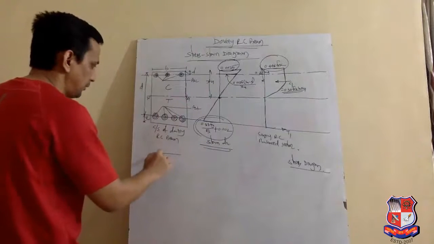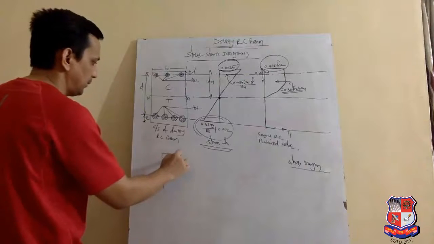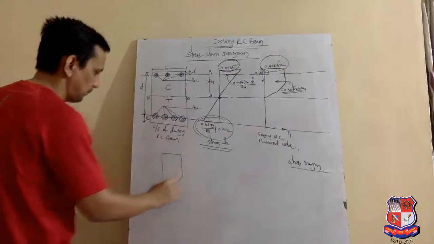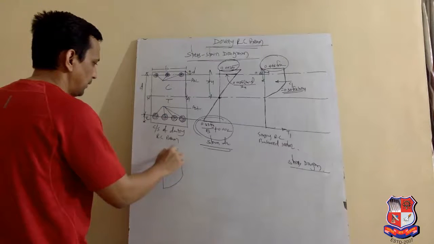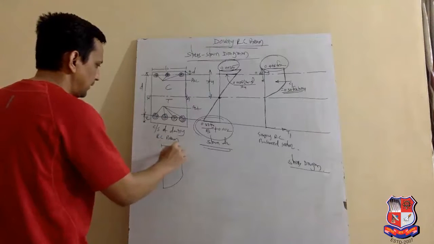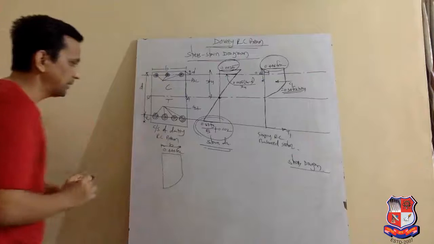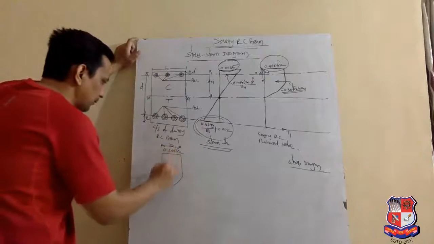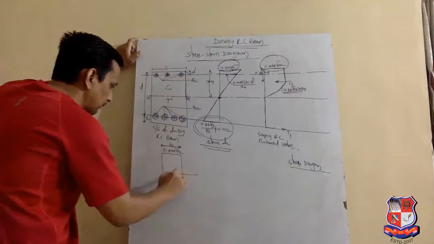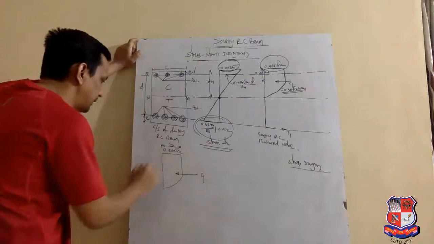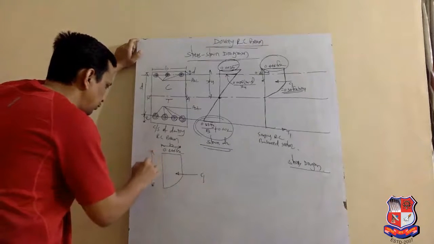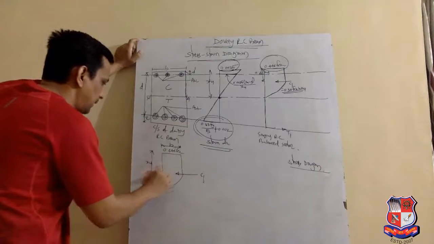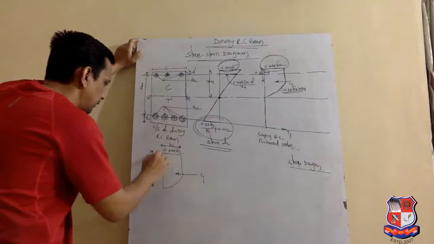Let me draw the stress block here. This is 0.446 fck. Say this is the width of the beam. This is C1. This height is xu, and this height is 0.42 xu.